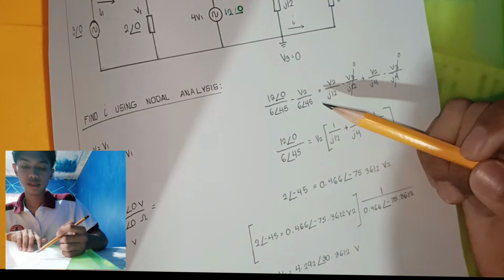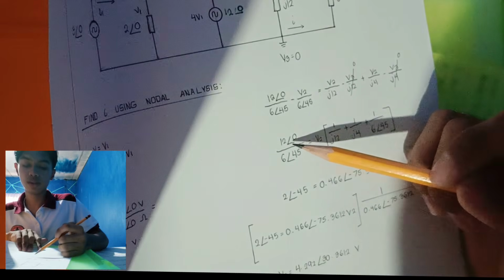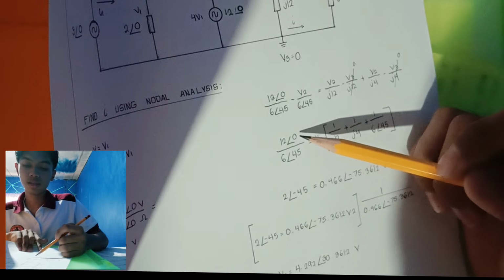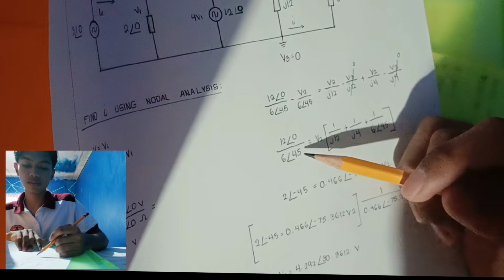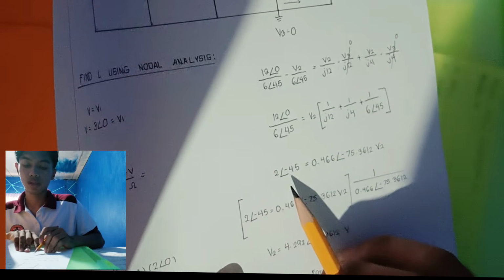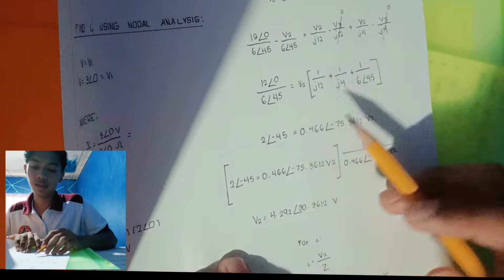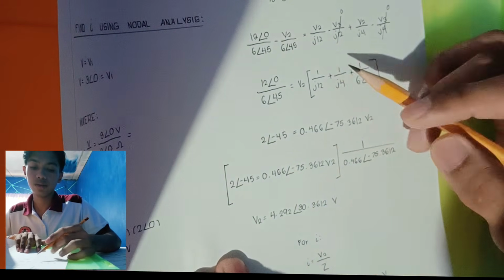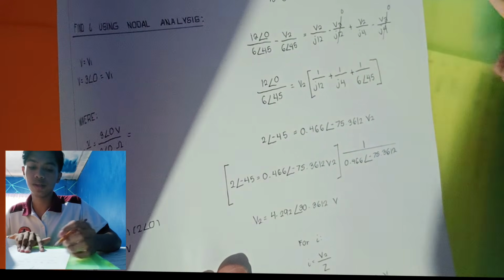Next, we divide 12 angle 0 over 6 angle 45, so it is equal to 2 angle negative 45, which is equal to V2 times the quantity here. We just add the quantity here.